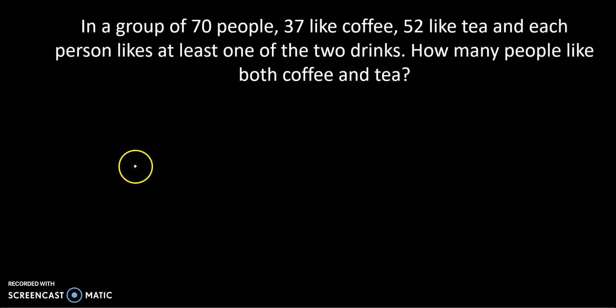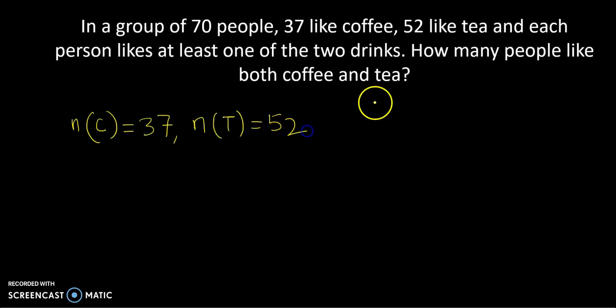Let's see another example. There is a group of 70 people. 37 like coffee, so I'm writing it C as coffee. Number of people liking coffee are 37. That's the given information. 52 like tea, so number of people liking tea are 52.